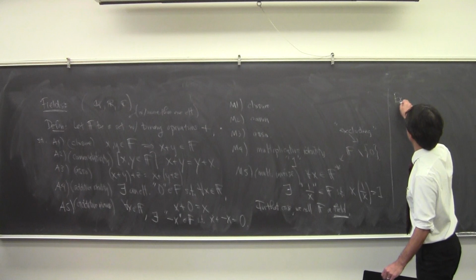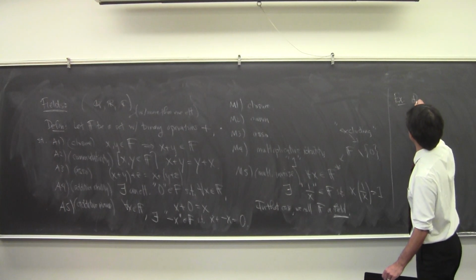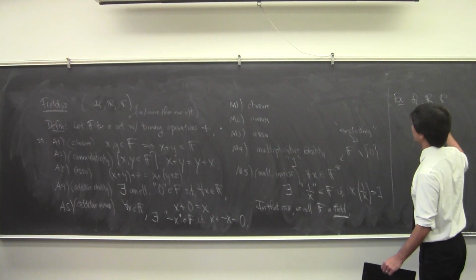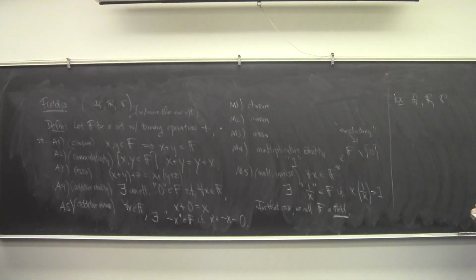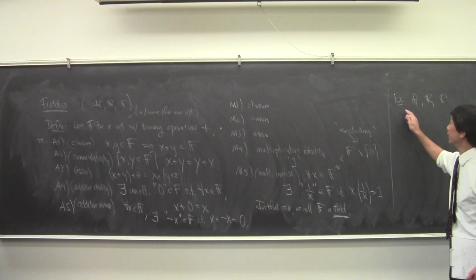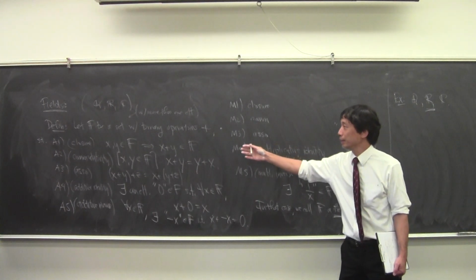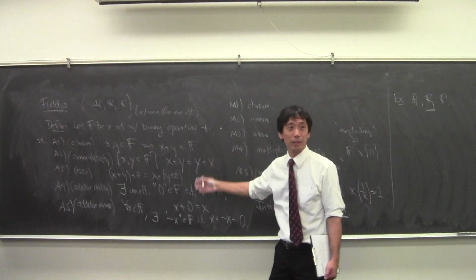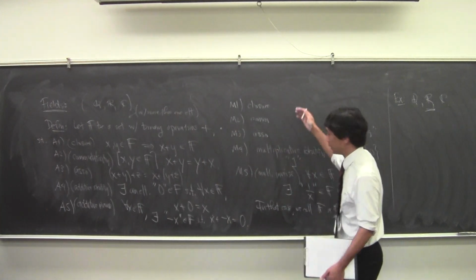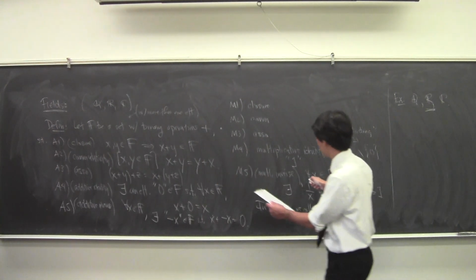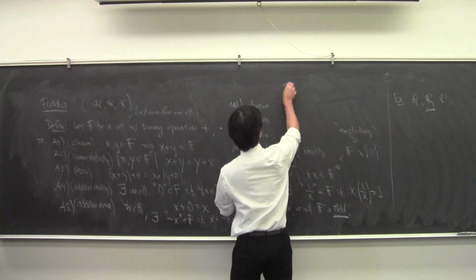Examples, like I said before: Q, R, and C are all fields. Standard examples of fields. Think about the real numbers: addition satisfies all this stuff, multiplication satisfies all this stuff. Oh, I forgot distributivity, so there's one more.